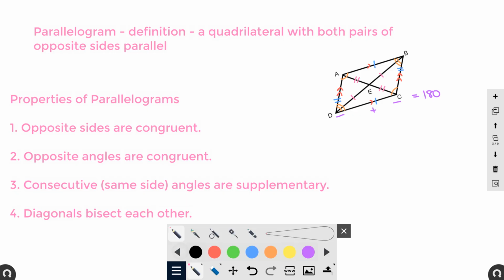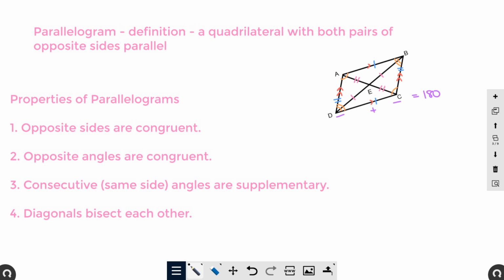Now you might want to make yourself an extra note here, because a lot of people get confused. What does it mean, diagonals bisect each other? You can put: the parts of a diagonal are equal. So just like we marked DE is equal to EB, but that does not mean that DE is equal to AE.